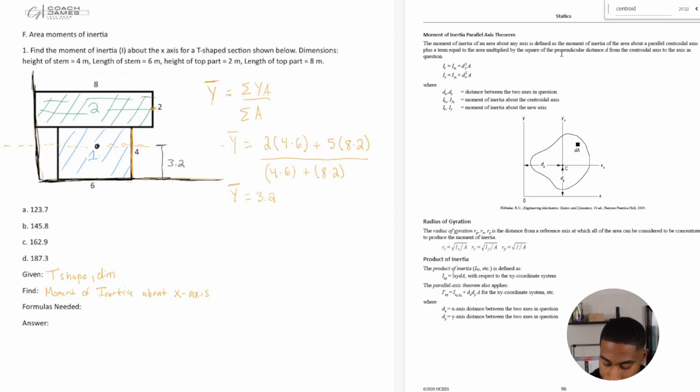So we need, let's try this again. We have our reference axis, and then we have our centroidal axis, which is this orange line that I've been drawing over and over. Now these two axes are parallel to each other.